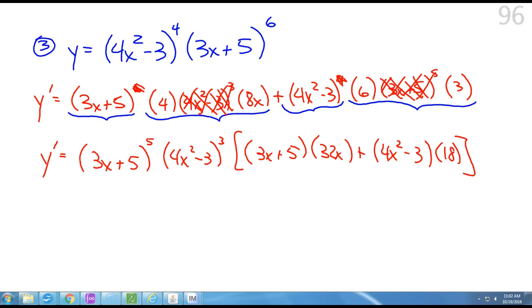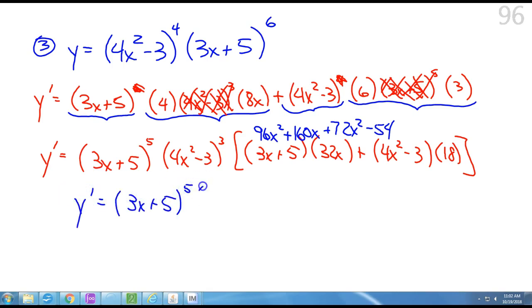And then we're just doing some algebra in here. 32 times 3, so 96x squared plus 160x plus 18 times 4 would be 72x squared minus 54. So my last step would be this same stuff.